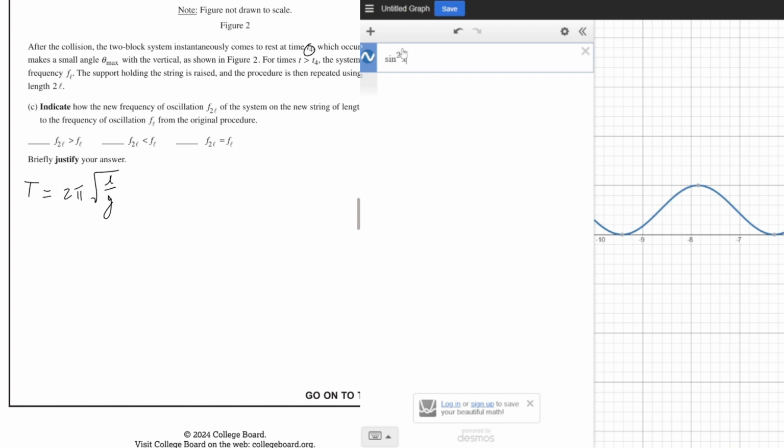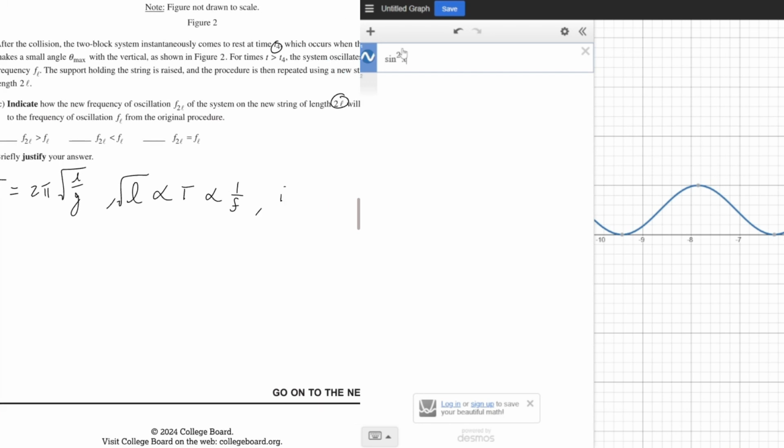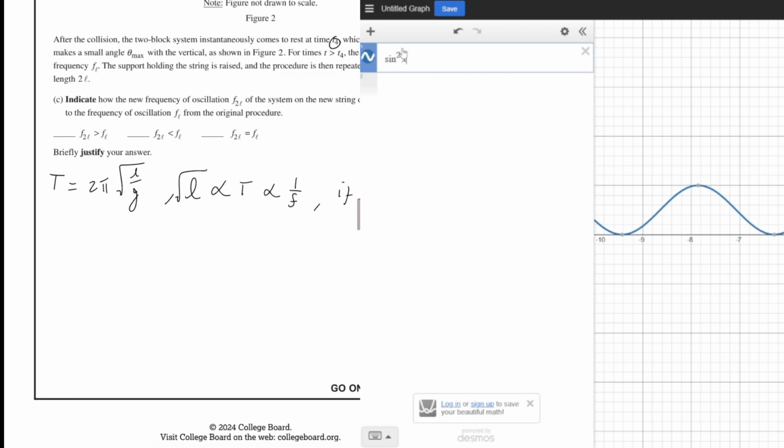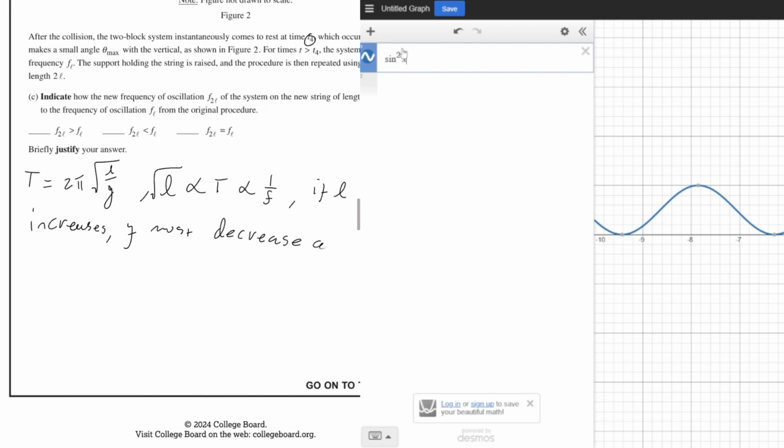So that means square root L is directly proportional to T, which is proportional to 1 over F. So hence, if L increases, the frequency must decrease as 1 over F is proportional to T.